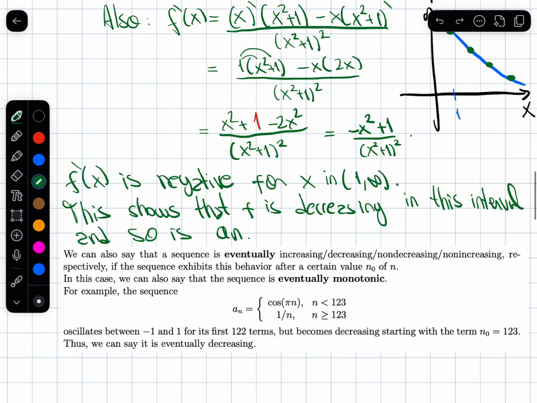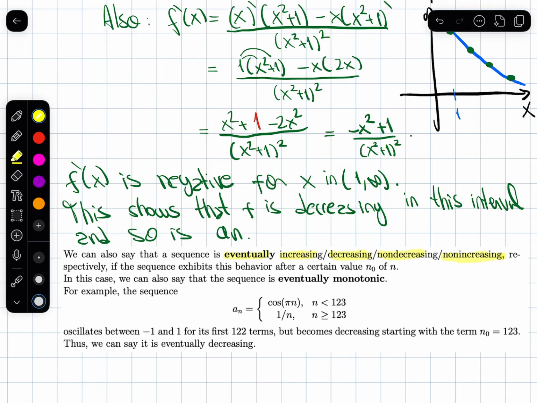I say this is an eventually decreasing sequence. So if my sequence isn't necessarily decreasing, but it becomes decreasing later on after a certain number of terms, I will say that it is eventually decreasing, or eventually increasing, or eventually non-decreasing, or eventually non-increasing, all the same ideas as before.